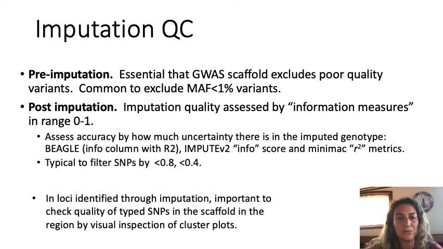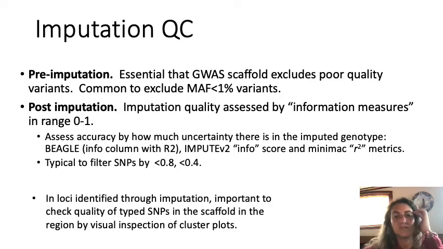And post-imputation quality is assessed by information measures, which have a value in the range of 0 to 1. It is typical to filter SNPs by this value less than 0.8 for a strict filtering, or less than 0.4. In the Impute software, this is called InfoScore, and in the Minimac imputation software, this is called R-square per SNP.